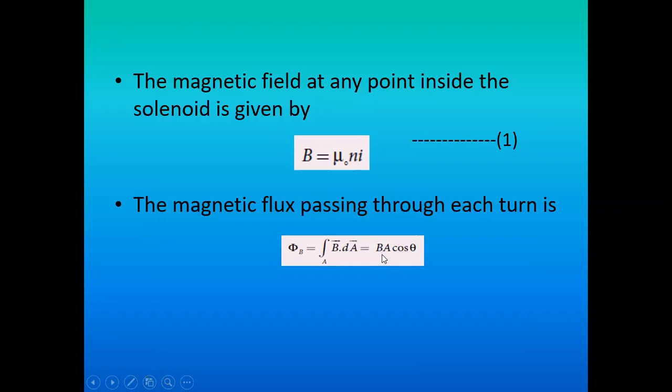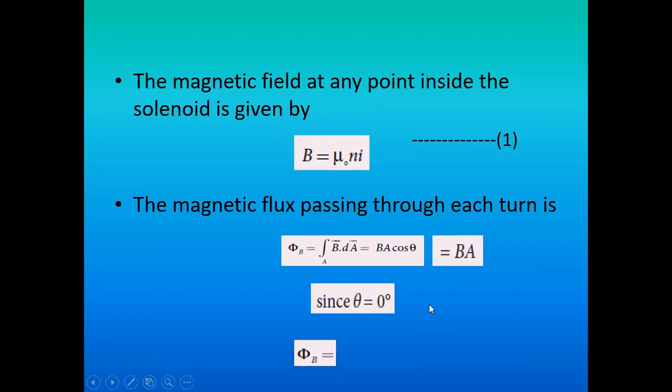The magnetic field and the area vector are parallel, so theta is equal to 0 degrees. Cos 0 is equal to 1, so it is equal to BA. Now I'm going to substitute the value of B in this equation. So I'm getting phi B is equal to mu 0 N I into A. So this is the flux linked with each turn.